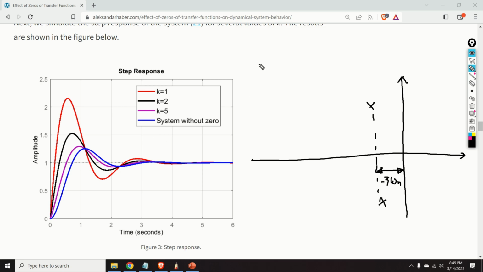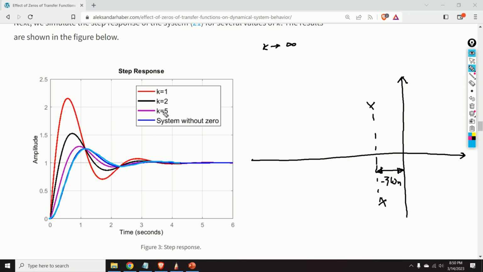Let us see what happens when k goes to infinity. This corresponds to the transient response of the system without the zero. The blue line in this graph shows the response of the system without a zero. We can see a damped oscillatory response.